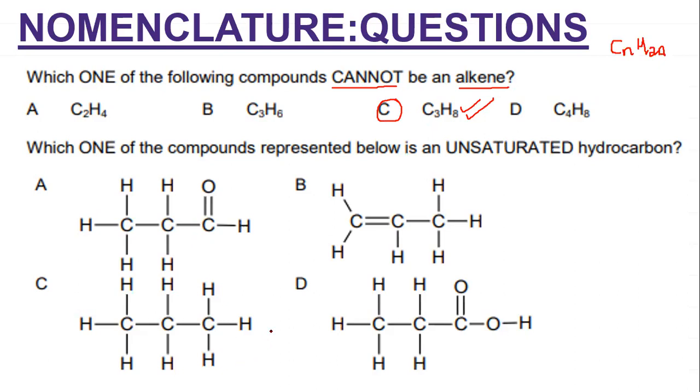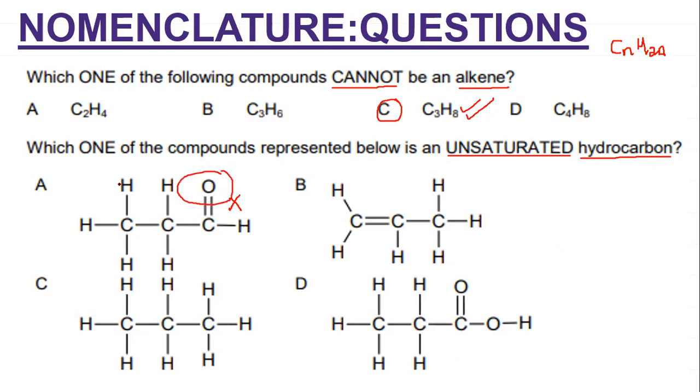Then the next question says, which one of the compounds represented below is an unsaturated hydrocarbon? Number 1, it must be unsaturated. Number 2, it must be a hydrocarbon. Let us check if all these molecules are hydrocarbons. Now this one is completely out. It's not a hydrocarbon because it has an oxygen.